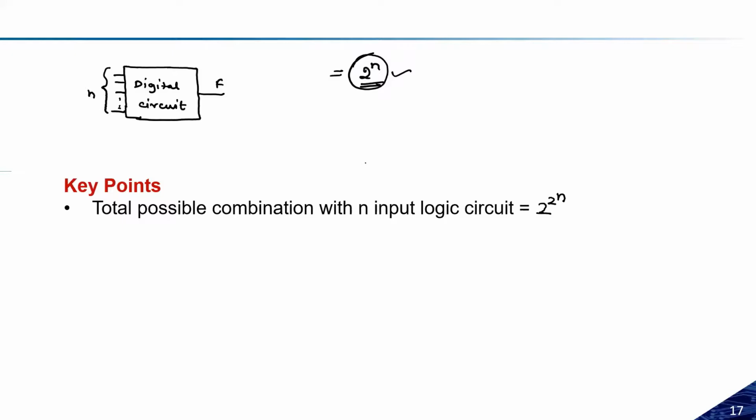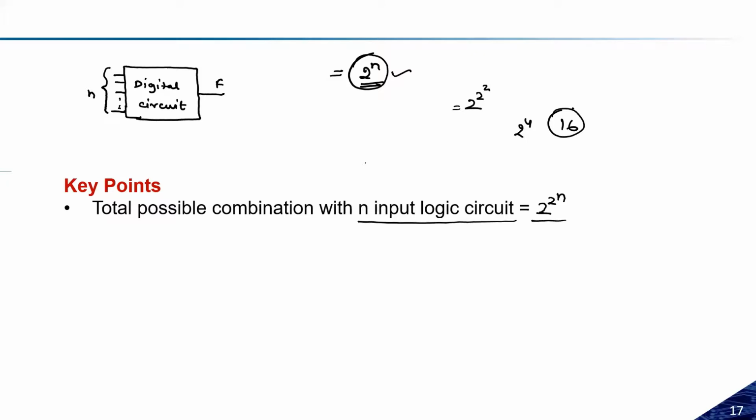And this is a really very important formula. You should remember it, you should know this formula. So the total possible combinations, or the maximum possible combinations, with an n input logical circuit is 2 to the power 2 to the power n. So if I have 2 inputs, I get 2 to the power 4, which will give you 16 possible combinations.